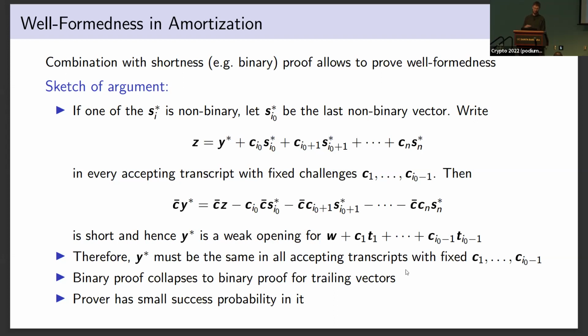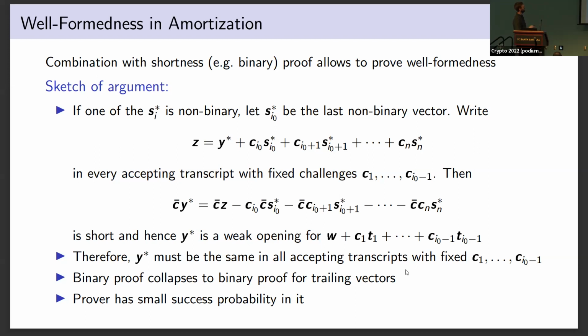In this case, there's going to be some last non-binary vector. Let's say this is Si0 star. Then we can restrict to transcripts where the first challenges C1 up to Ci0 minus 1 are fixed. So we only look at transcripts where all these challenges are fixed.